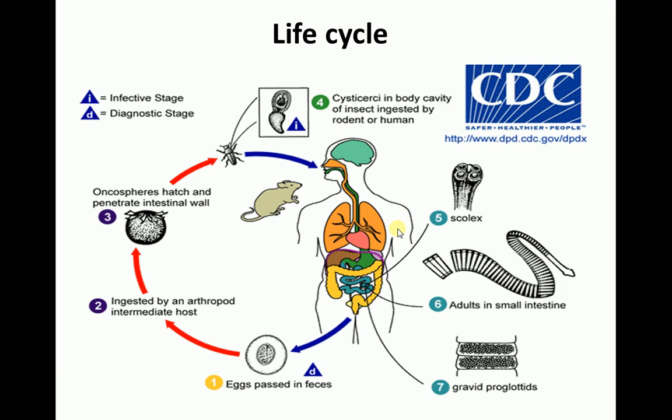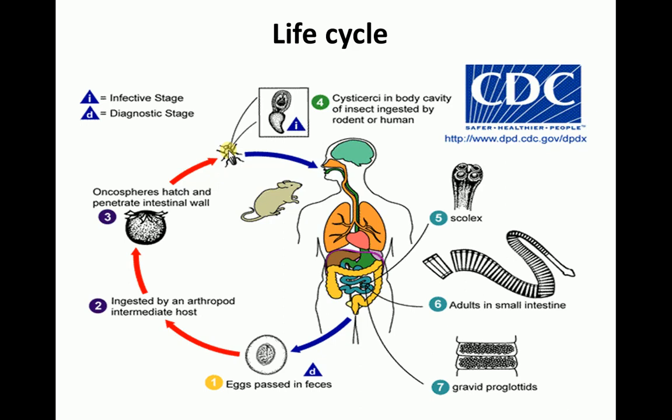Life cycle. Eggs pass in stool, ingested by the intermediate host, hatch to oncosphere, which penetrates the intestinal wall of the intermediate host. Oncosphere converts to cysticercoid in the intermediate host.